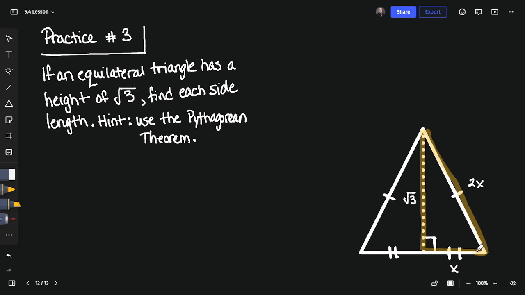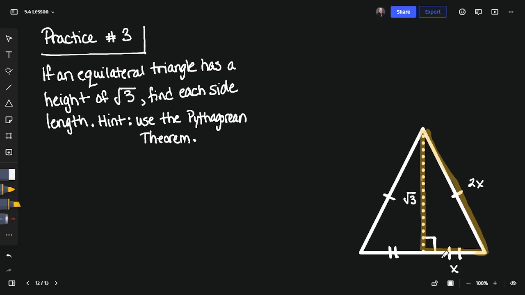And the height of an equilateral triangle has to split the opposite side into 2 parts. So what we have here is a right triangle, and we don't know anything about the outside sides of this triangle yet, but we can give ourselves an expression on what those side lengths could represent.